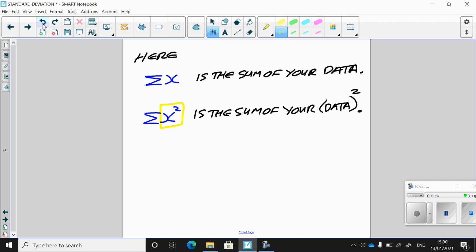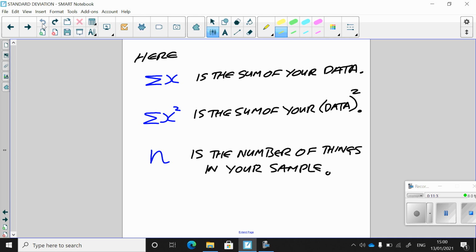So if you had 5, 6, and 7 on your original list, and it asks you to square those and add them, because that's what the sigma means, you'd do 5 squared plus 6 squared plus 7 squared, so that'd be 25 plus 36 plus 49. Again, hopefully that's straightforward. That's the number of things that you've got in your sample, in your list.